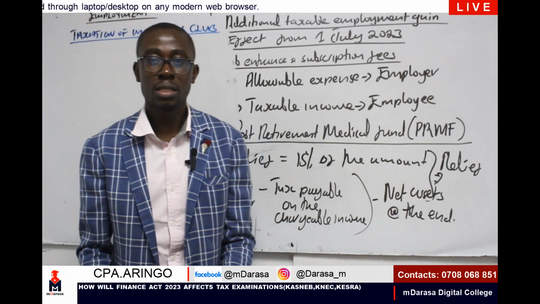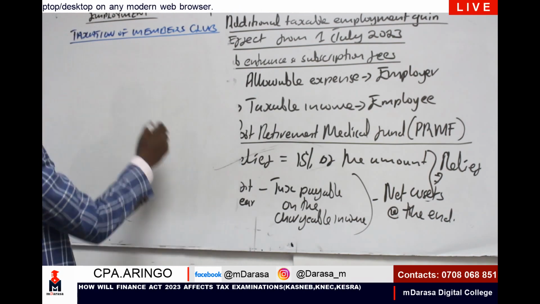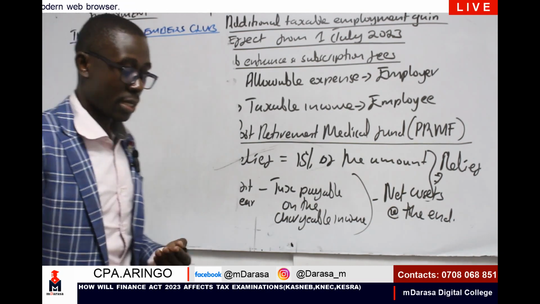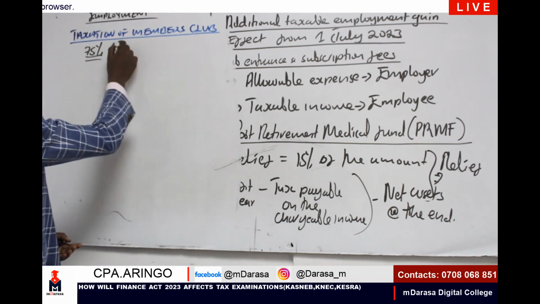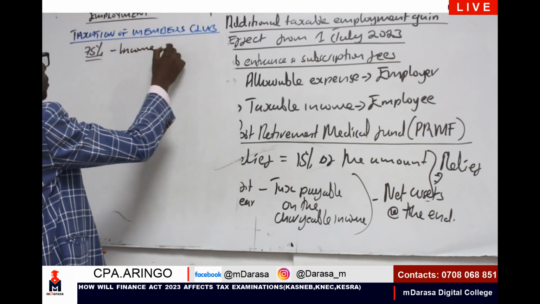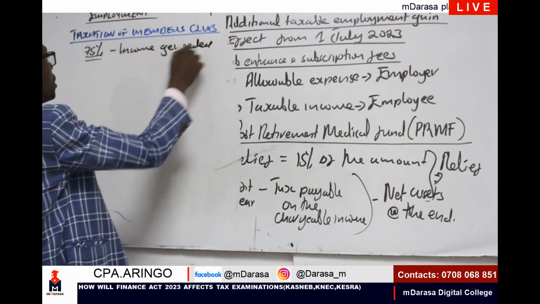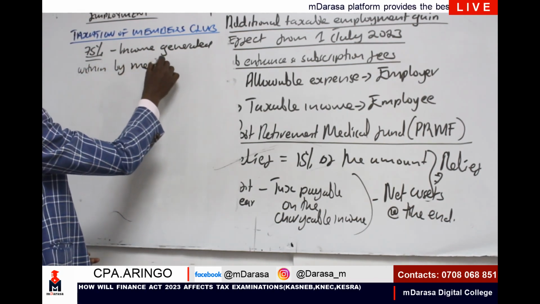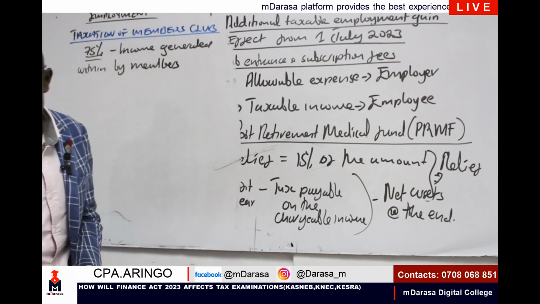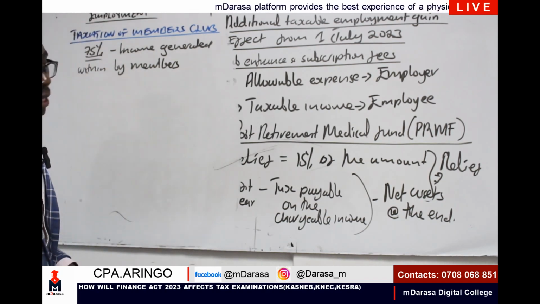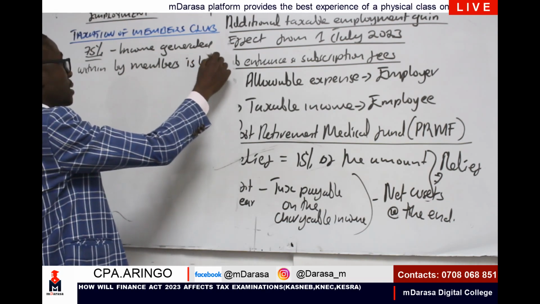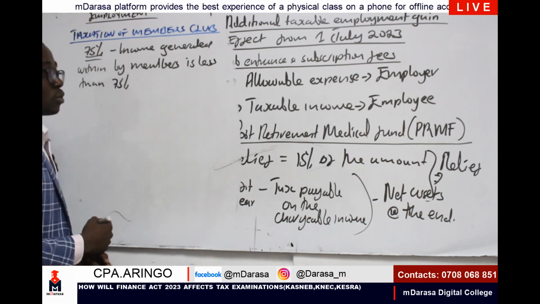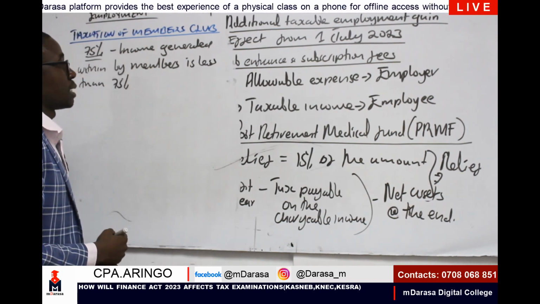Ideally, we were measuring this where we used to have a 75% threshold. If income generated within by members is less than 75%, this is when it was taxable.